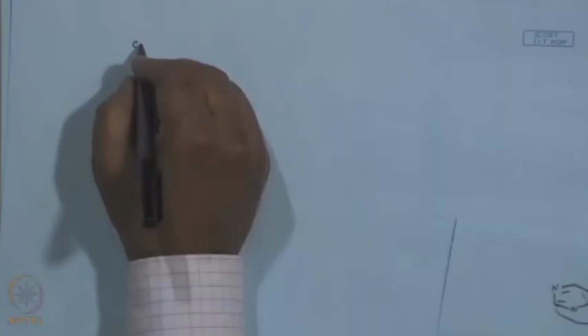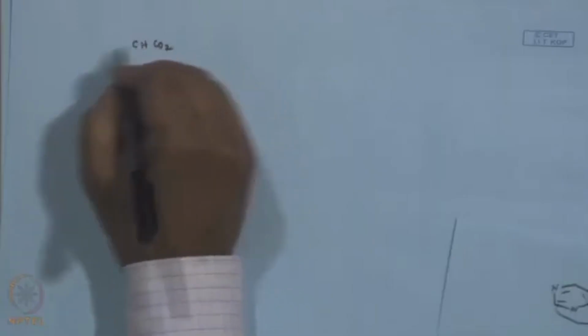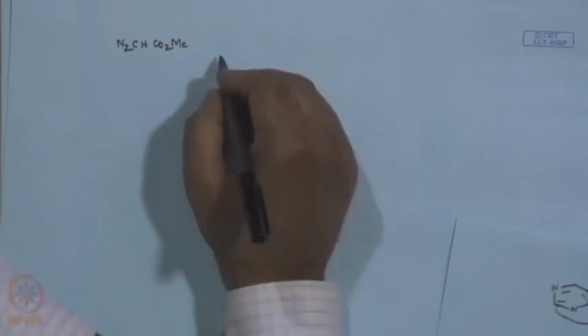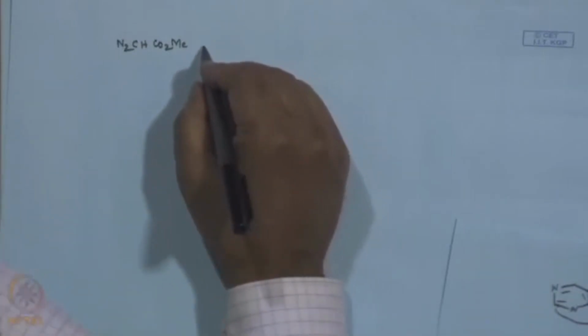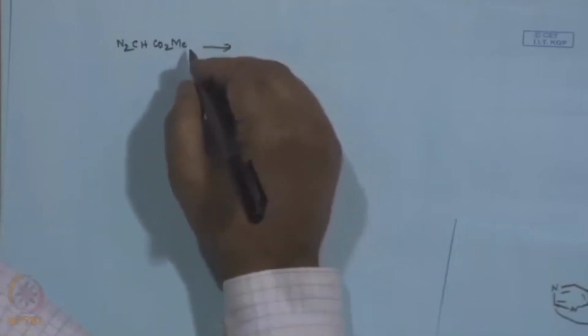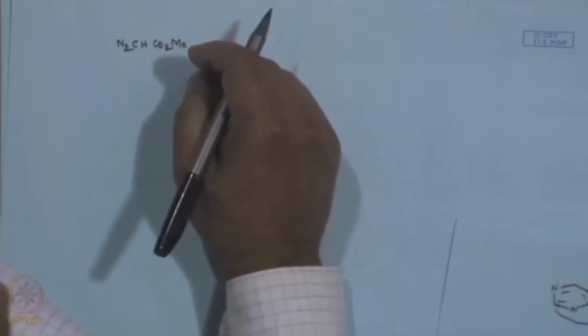Okay, I think we will begin with, let us say, how do you make this compound? Methyl diazoacetate. How do you make it? Methyl glycine, right.